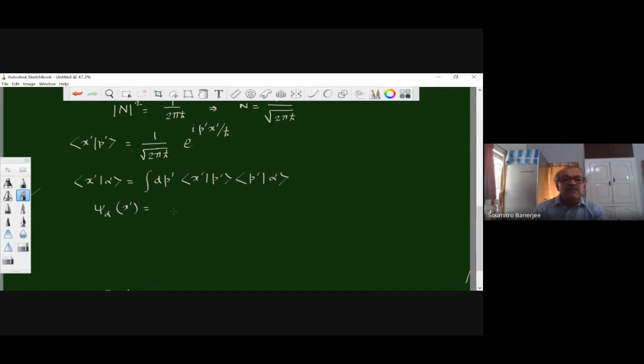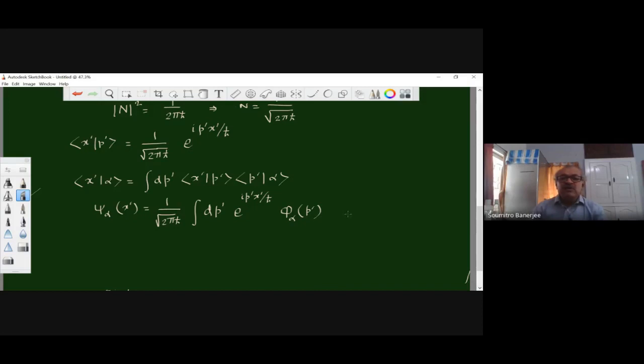I'll substitute this, so it will be 1 by root 2 pi h cross, integral dp' e to the power i p' x' by h cross, and then this is alpha evaluated at p'. So that is the function in the momentum space. The function in the momentum space we are denoting as phi alpha, evaluated at p'.